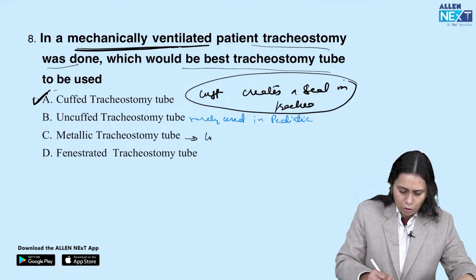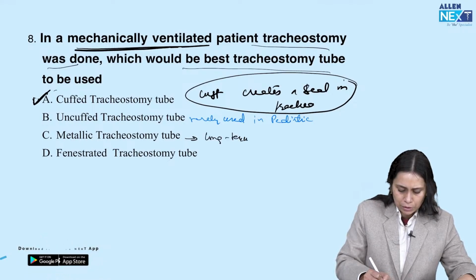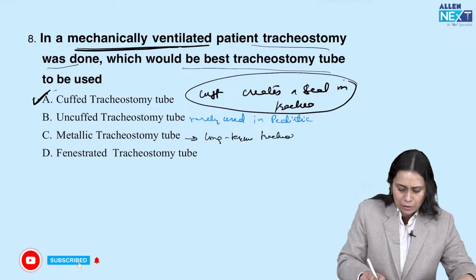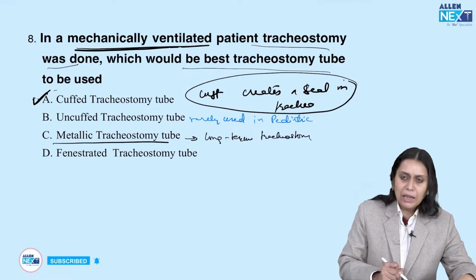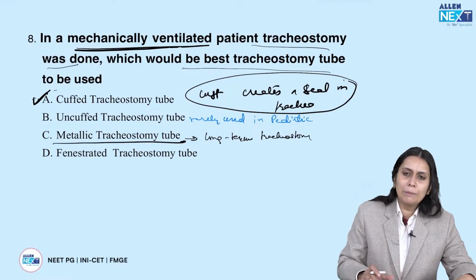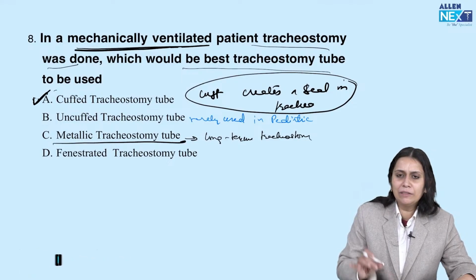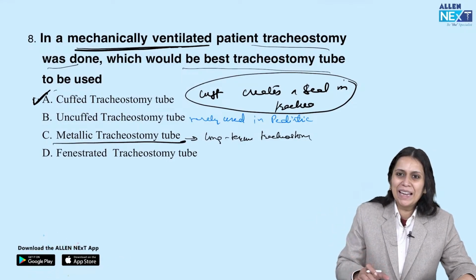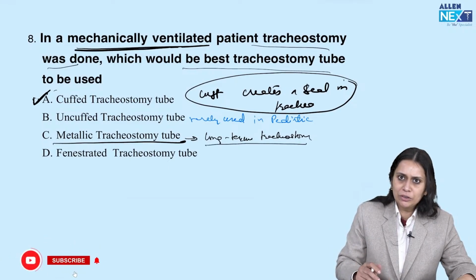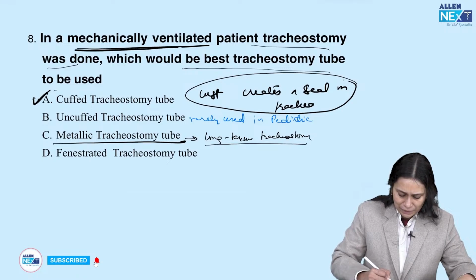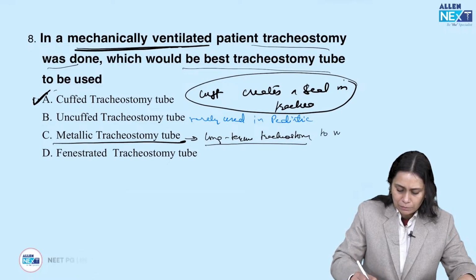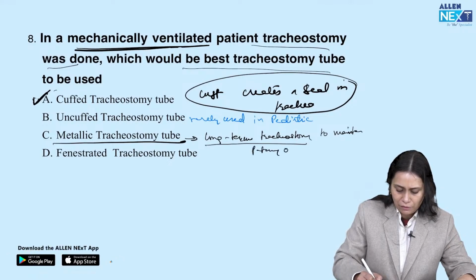This metallic tube cannot be used for mechanical ventilation. It does not have the attachment for the tubing of the mechanical ventilator. So it's only for long-term tracheostomy to maintain patency of the trachea.